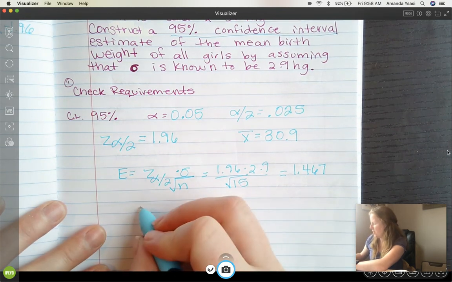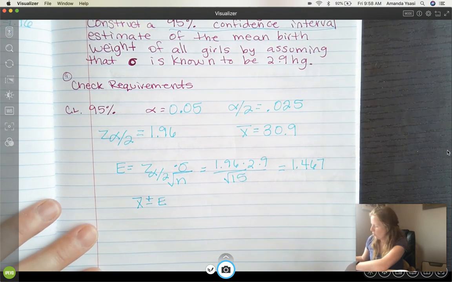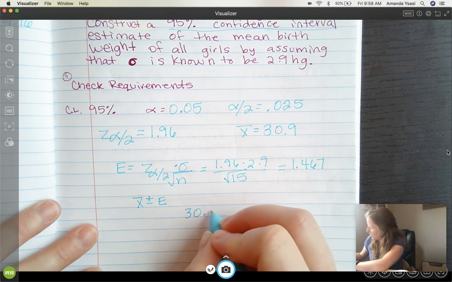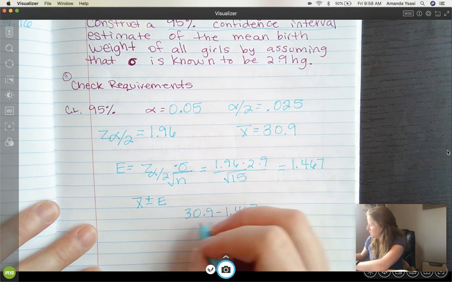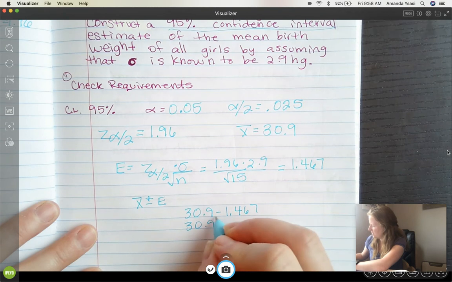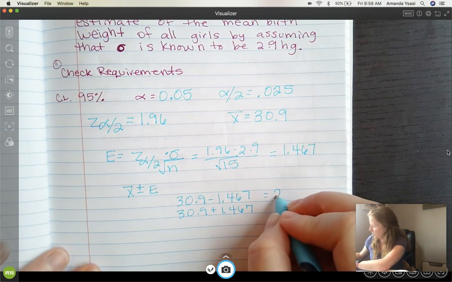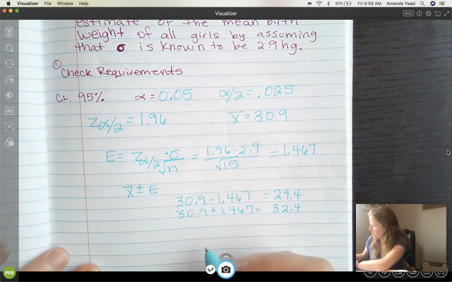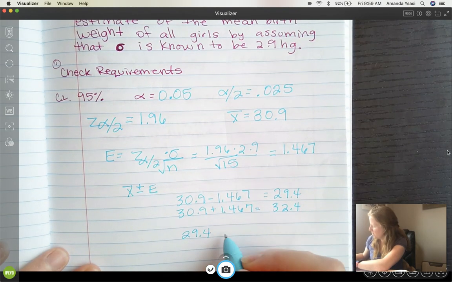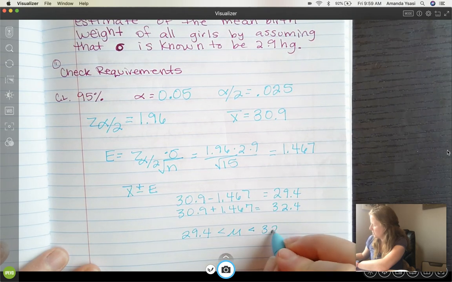Then to find the interval, we do x bar plus or minus E, which will be 30.9 minus 1.467 and 30.9 plus 1.467. So you get 29.4 and 32.4. So 29.4 is less than the true population mean, which is less than 32.4.